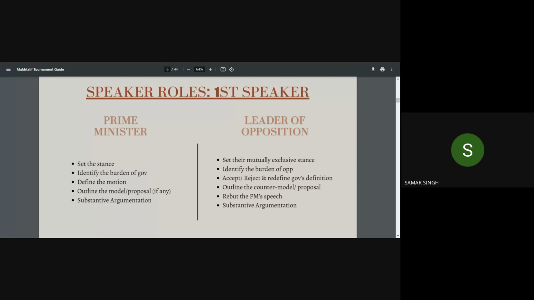For example, the argument given by the opposition side of this motion would be that plastic should not be banned because our country, let's say India, relies heavily on plastic in general, even single-use plastic, because if that is banned, the alternatives present in the society are very expensive, and we are already facing an inflation issue in our country and in a lot of countries.